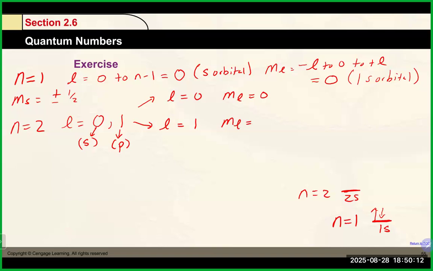It runs from minus L to 0 to plus L. So L in this case is 1, so minus L would be -1, to 0, to plus L, which would be +1. That is the 3 acceptable values for our p orbitals, and that is -1, 0, and +1. By the way, how many p orbitals are there in a subshell?